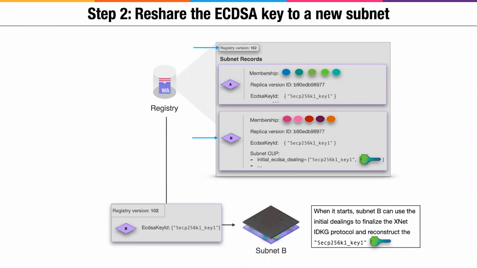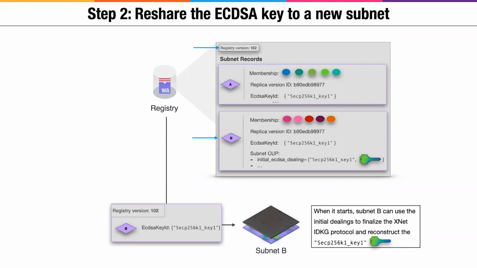Of course, there are technicalities that distinguish the two protocols, but at a high level, the main caveat in order to be able to run this cross-net IDKG protocol is that subnet A needs to collect sufficiently many dealings so that subnet B will be guaranteed to be able to terminate the protocol on its own, so that there's no interaction at this point needed between nodes of subnet A and subnet B. So all the interaction only happens locally to subnet B, essentially.